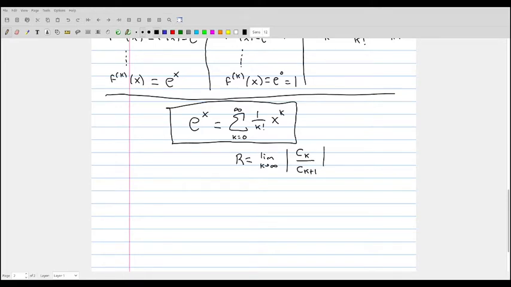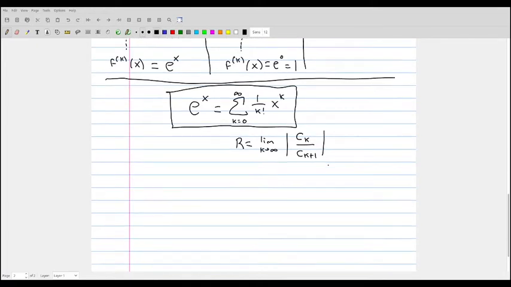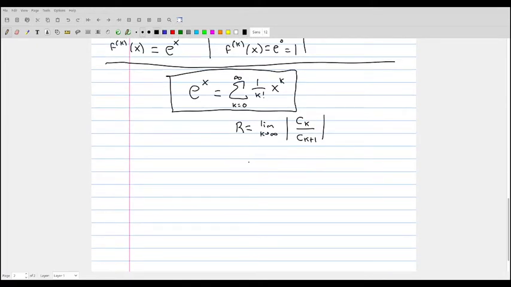This is from the previous lecture on power series. This is the limit as k goes to infinity of 1 over k factorial over 1 over k plus 1 factorial.